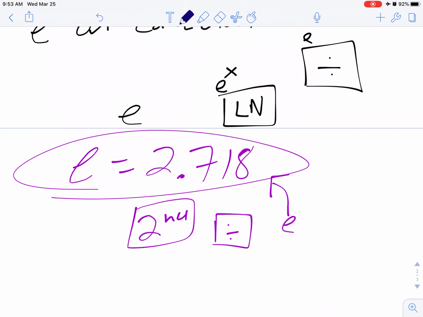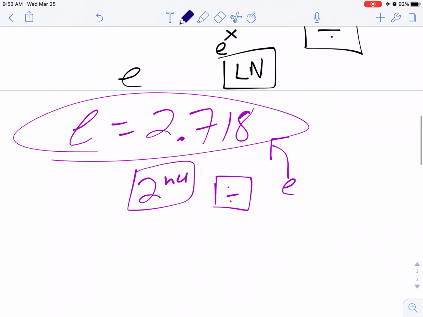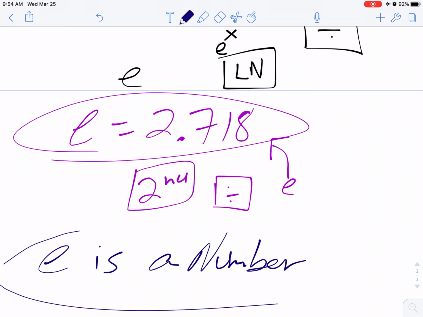The last thing that I'll mention about e is it is just a number, just like pi is a number. You can add it, you can subtract it, you can divide by it. It's 2.718. So find it on your calculator and accept the fact that e is 2.718.